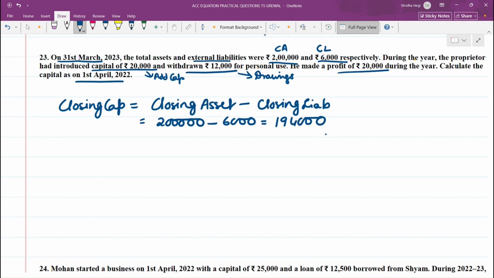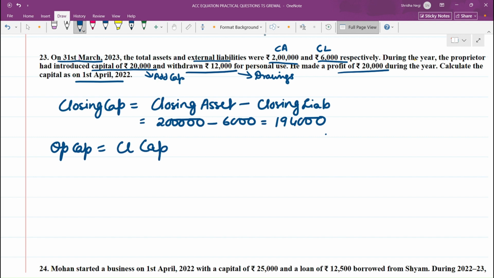Now from the closing capital you can find the opening capital. Opening capital क्या होगी? See, now closing capital is given. Now whatever you do to the opening capital, you add all the profits, you add all the income, you subtract all the expenses, you subtract all the losses, you subtract all the drawings, and you add the additional capital, है ना? Closing capital find करने के लिए. अब हम उल्टा करेंगे.